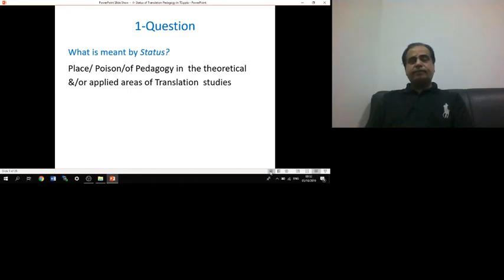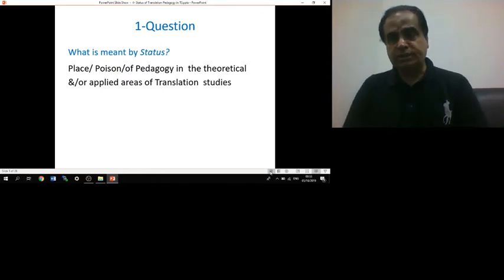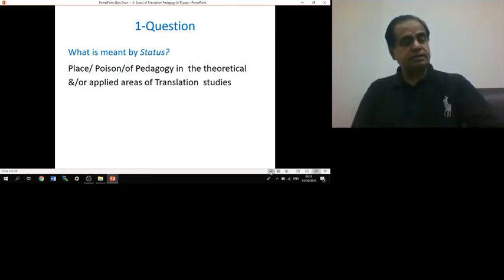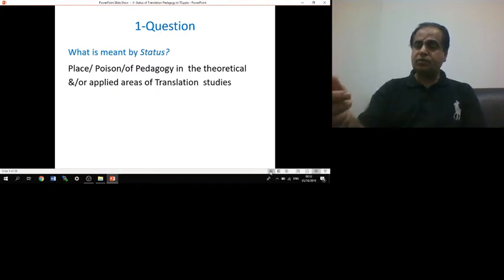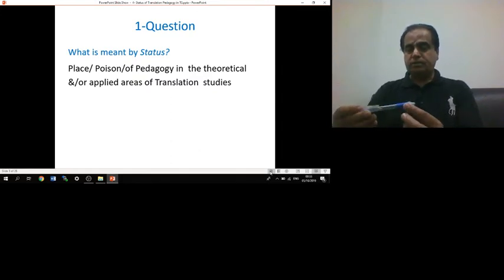We can have different analogies to understand the status of translation pedagogy in translation studies. For example, take this pen. It doesn't have a cap, but it has a system of opening and closing. I hope you can see it clearly, but it has parts also.